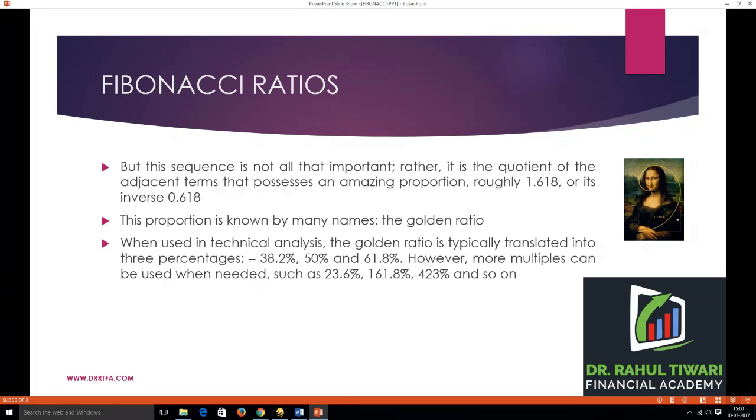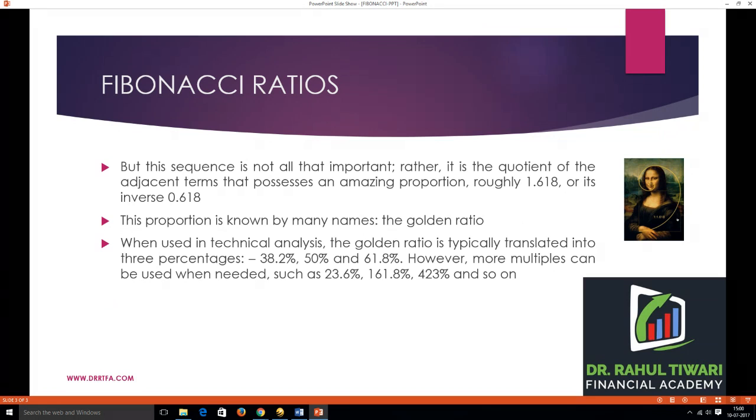When a trader or an investor uses this ratio in technical analysis, the golden ratio is typically translated into three different percentages: 38.2%, 50%, and 61.8%. However, more multiples can be used when needed, such as 23.6, 161.8, or 423%, and so on.